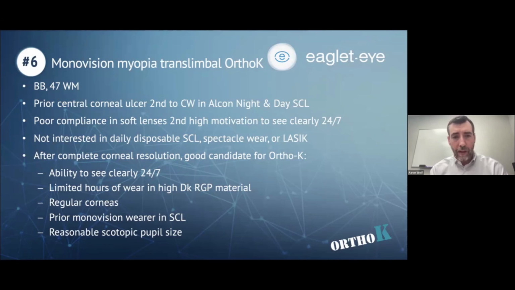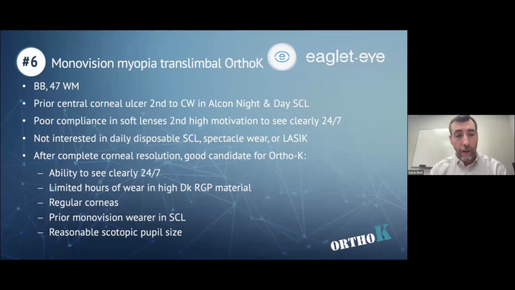They weren't interested in daily disposable soft contact lenses. I don't recall necessarily why, if it was more of a long-term cost issue, or a wastefulness kind of concern, or maybe they felt like they got bit in the rear end a little bit because of the soft contact lenses, so maybe they wanted to avoid that.